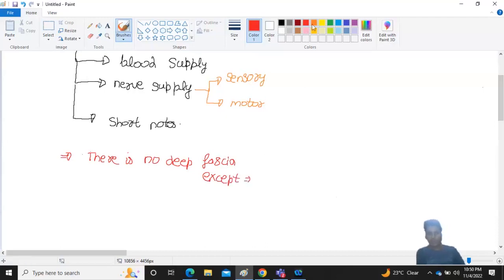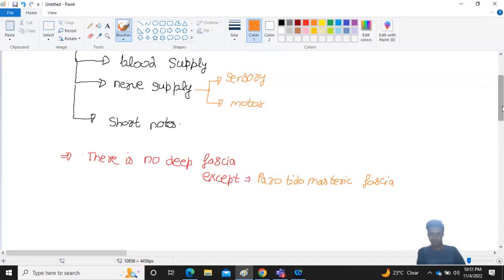We have seen the parotid gland has parotidomasseteric fascia. Just that. In all other regions we don't have any fascia.